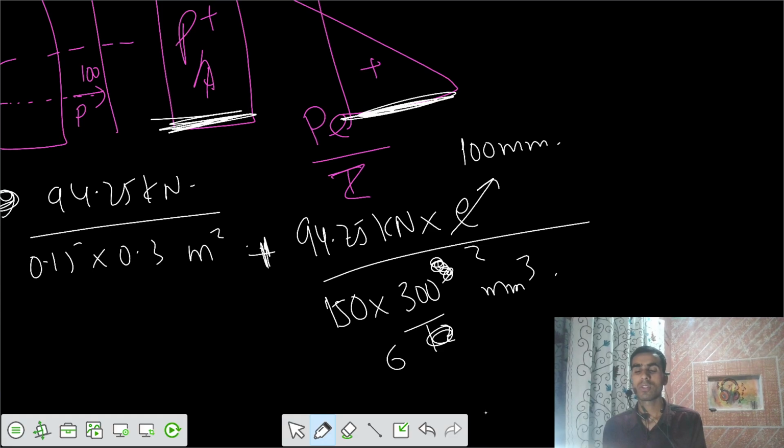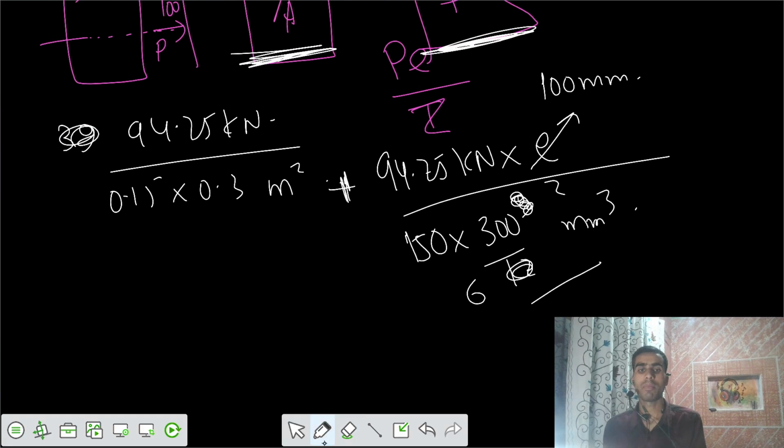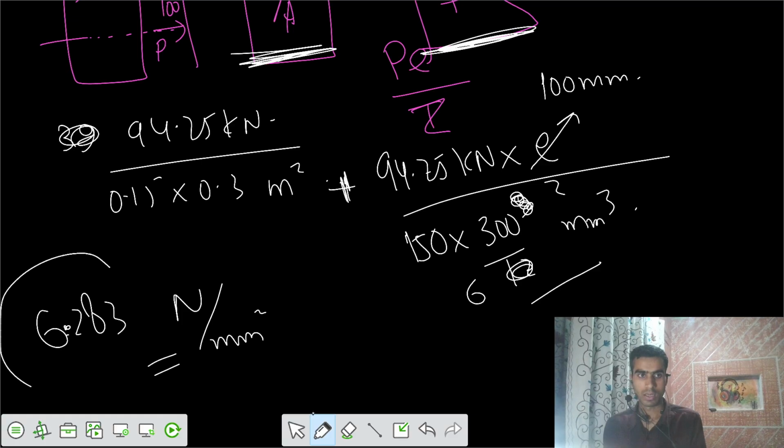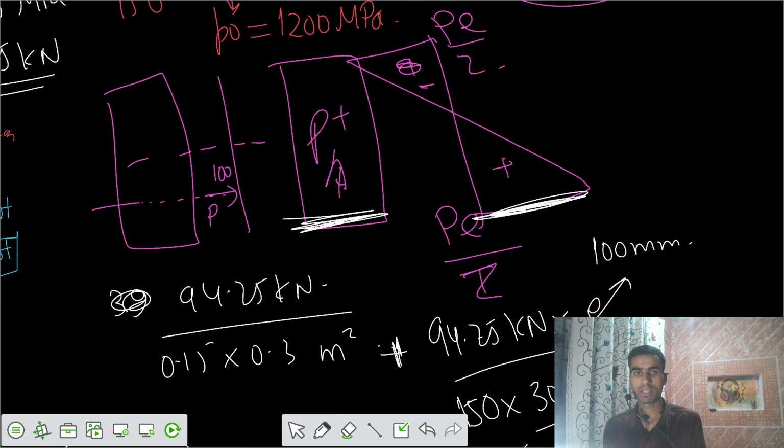Then we need to convert those into standard units of Newton per millimeter square, that's megapascal. So the stress would be equal to 6.283 megapascal by the first method.